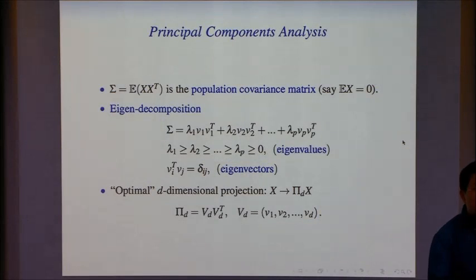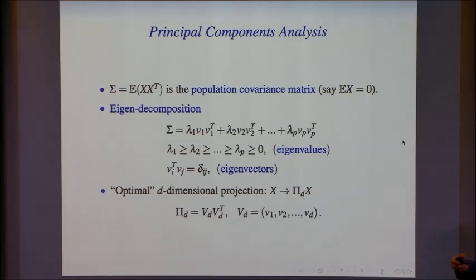So the very basic introduction to the general PCA: I have the covariance matrix for the underlying population, and the PCA is simply given by the eigenvalue decomposition for the population covariance matrix. And we have lambdas, the eigenvalues ordered in decreasing rank, and the eigenvectors, the VIs.